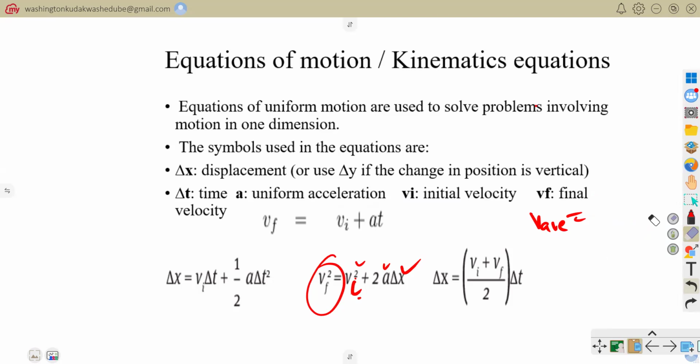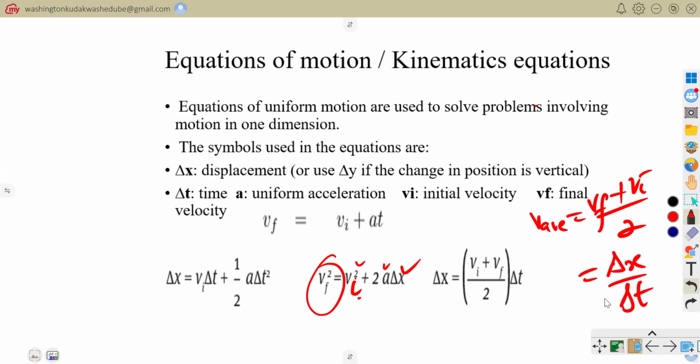So we are saying that final velocity plus initial velocity divided by 2 will give you the average velocity. Now, we know that we can also calculate our average velocity by saying the total displacement moved per unit time.